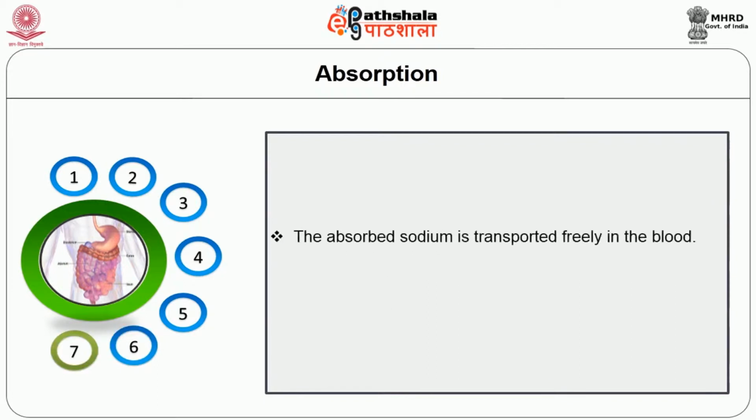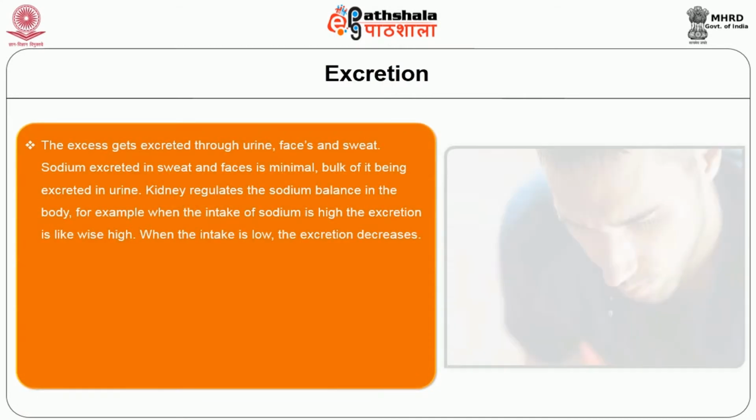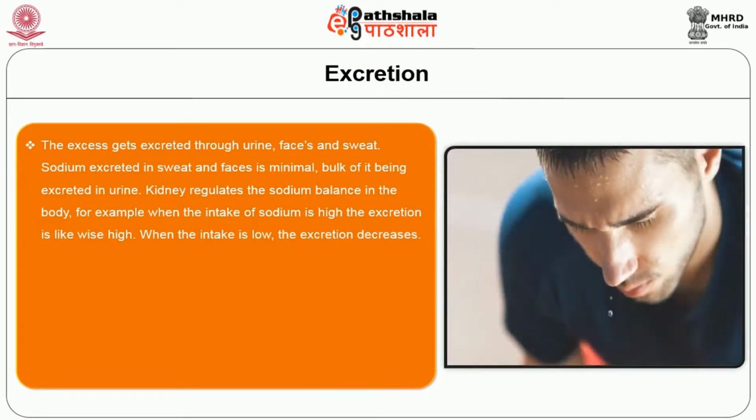The absorbed sodium is transported freely in the blood. Hormones like antidiuretic hormone or vasopressin, aldosterone, atrial natriuretic hormone, renin and angiotensin II maintain the sodium balance in the body. Excretion. The excess gets excreted through urine, feces and sweat.